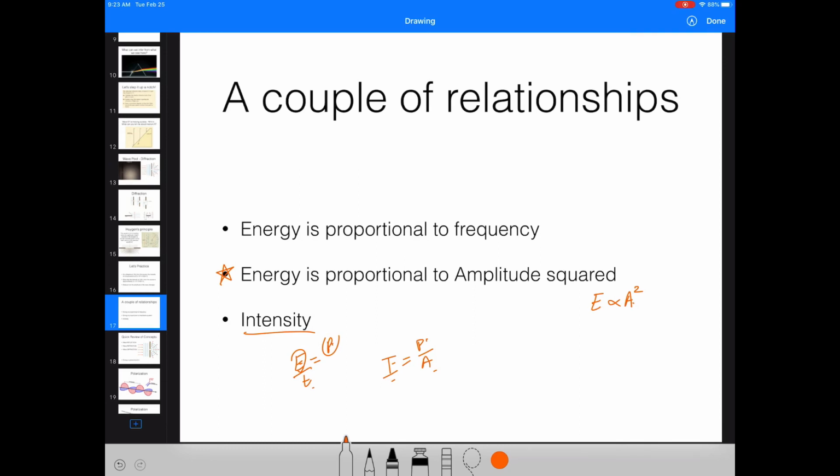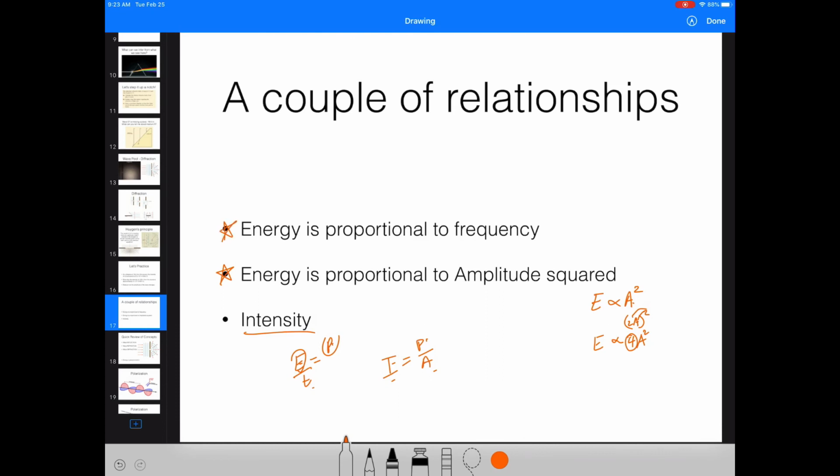In other words, if I double the amplitude, so I go 2a, and I distribute the squared, that gives me 4a squared, which means that the energy is now 4 times what it used to be. So doubling the amplitude is going to quadruple the energy.